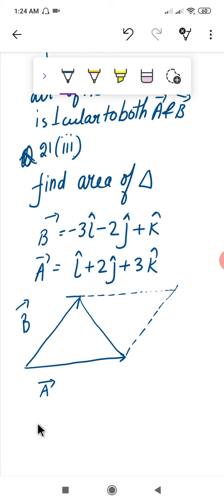So we need to calculate: area of triangle is equal to half the area of the parallelogram.